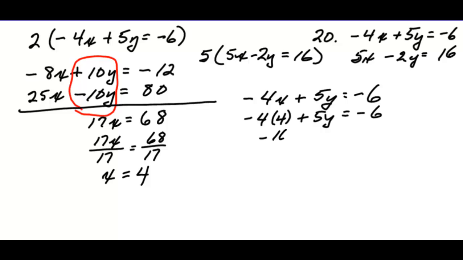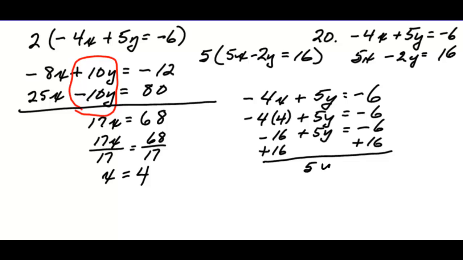This is negative 16 plus 5y equals negative 6. Adding 16 to both sides, what I get is 5y equals 10. 5y over 5 equaling 10 over 5, I get y equals 2.